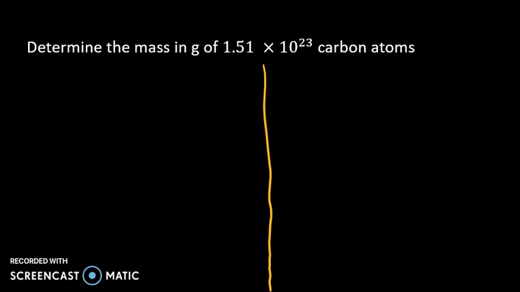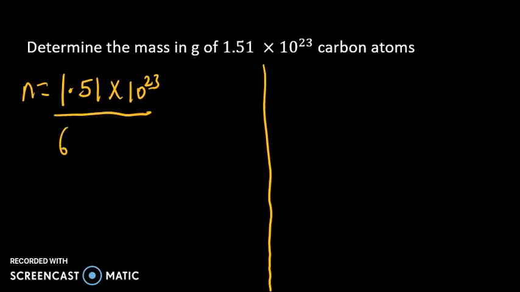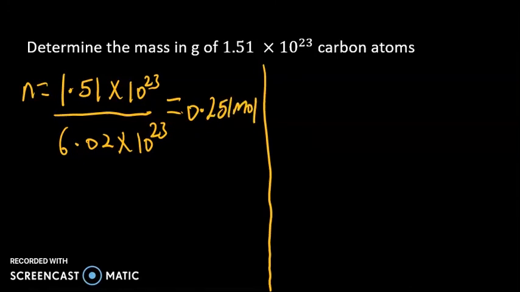the mole. So the mole is equals to the number of carbon atoms, which is 1.51 times 10 to the power 23, divided by 6.02 times 10 to the power 23, and that gives us 0.251 mole. And now to find the mass, we need to know the molar mass.